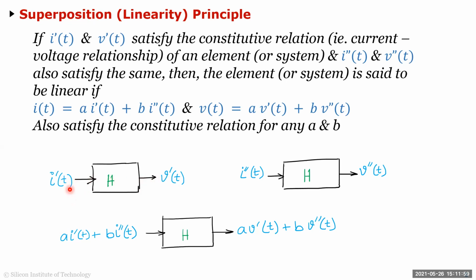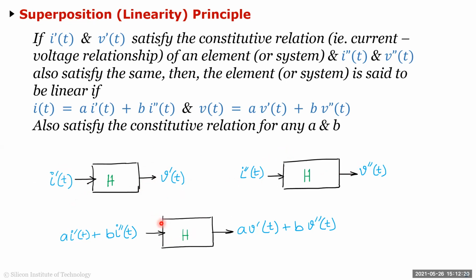So for example, if I apply a time varying input, I dash of t, and I get output v dash of t. Then I take the same system and apply another time varying input, I double dash of t, and the output is v double dash of t.